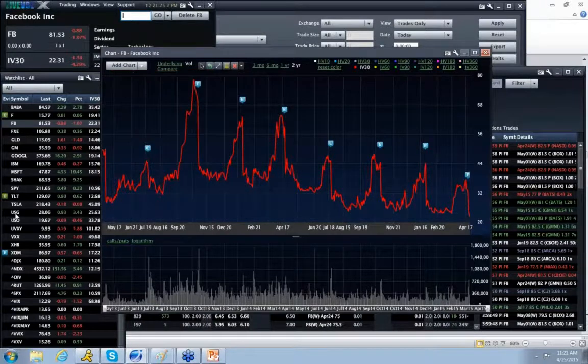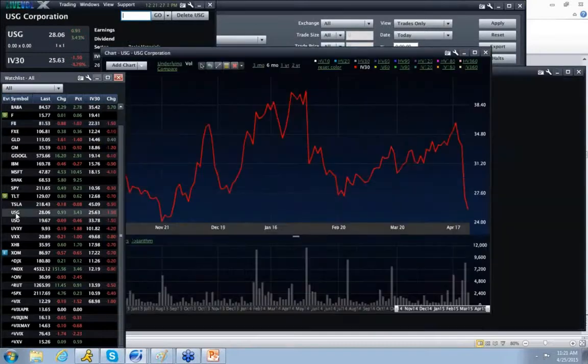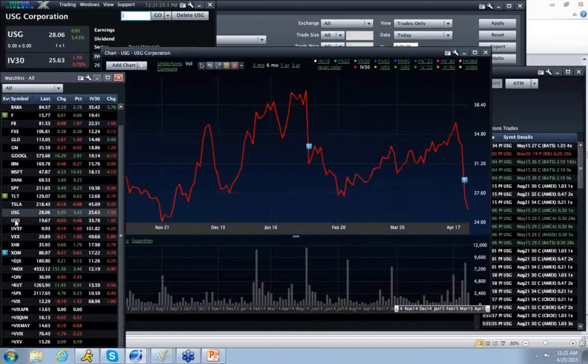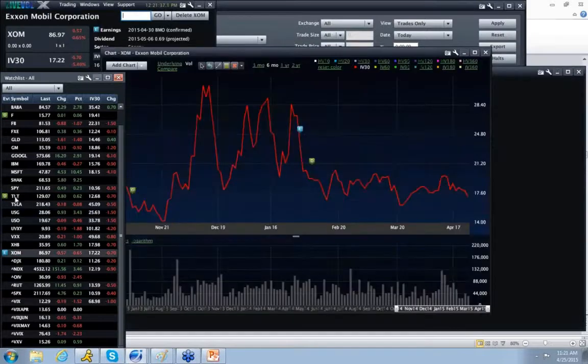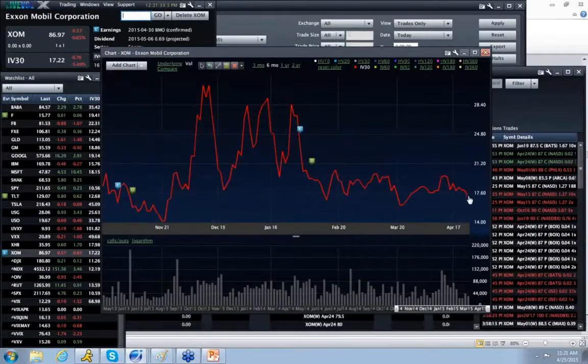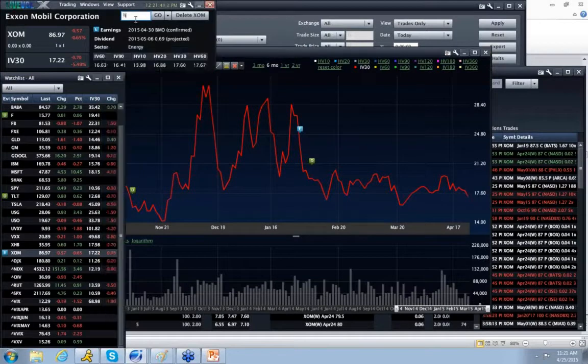Unfortunately, we've got earnings going on right now, which makes things a little tricky. ExxonMobil has earnings coming up. Maybe one that was released last week might be a good one.